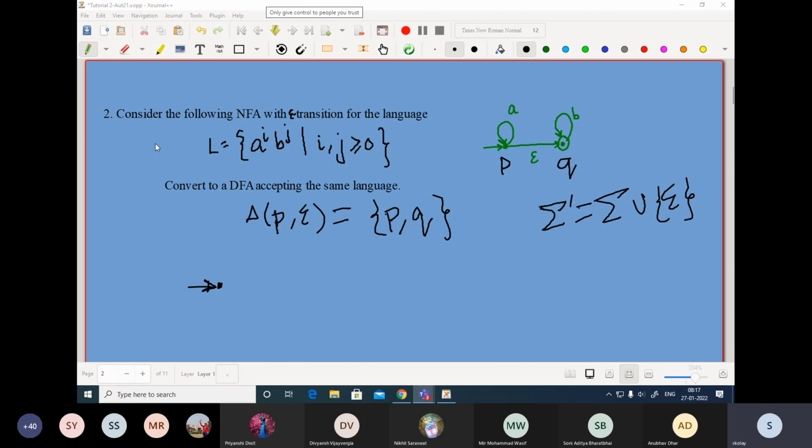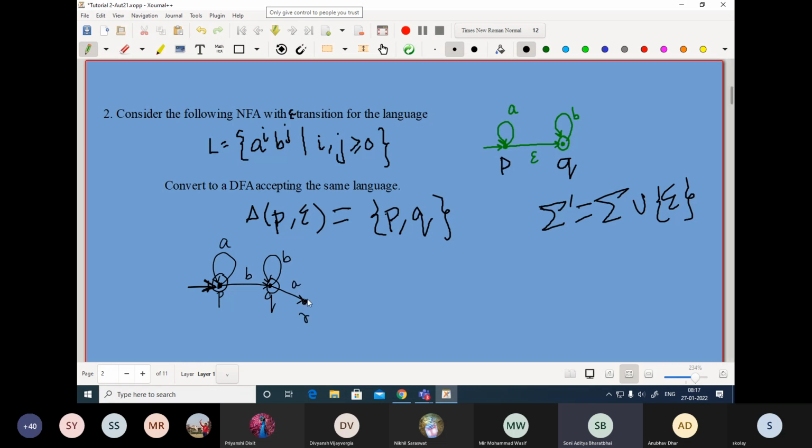Can you see my screen? Yes, ma'am. Okay, so what were you saying? You make P a final state, and instead of epsilon, we write B. Then we make Q also a final state and keep the direction of B the same. And if we get an A from here, we go to another state R from where we cannot exit.